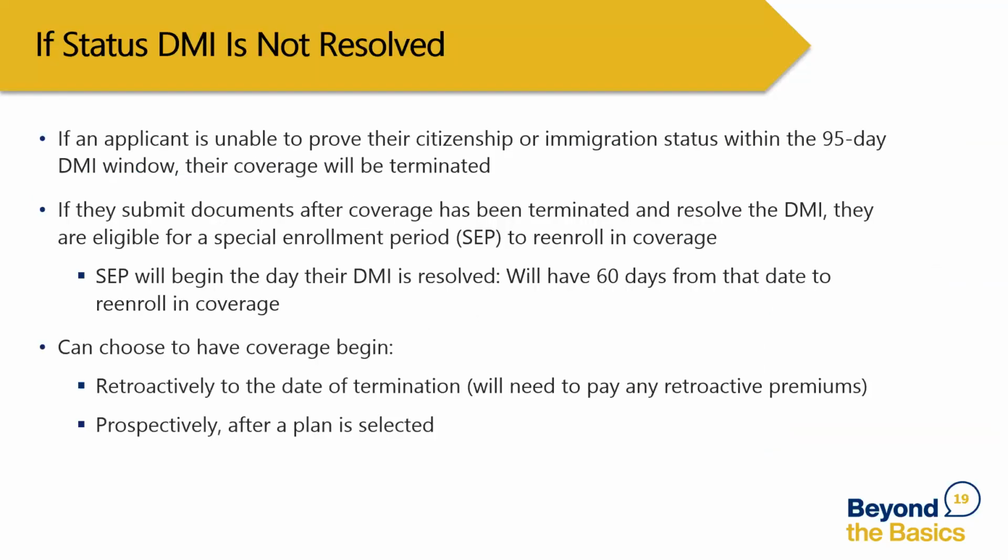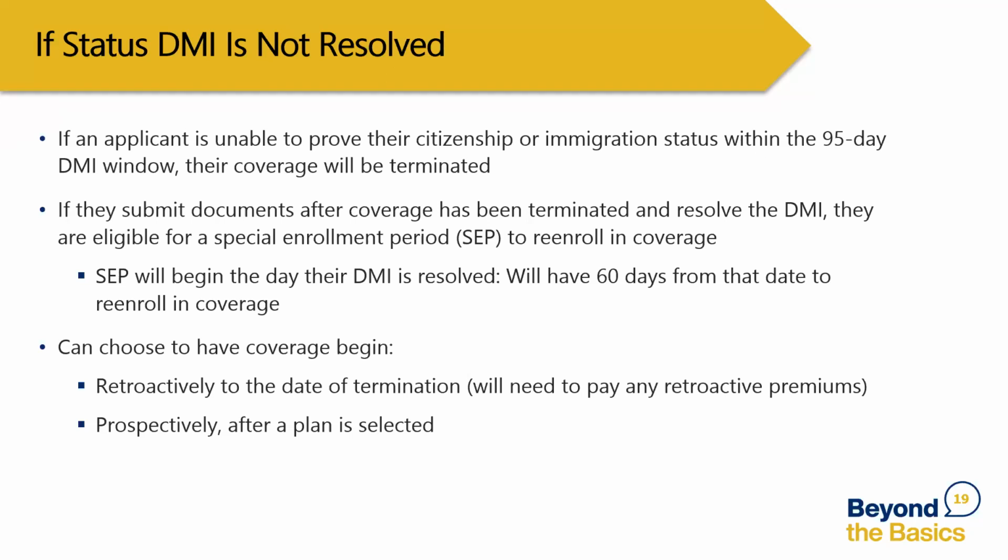So if an applicant is unable to prove their citizenship or immigration status, like I mentioned before, they have 95 days in this DMI window, and if they don't provide sufficient proof of their status, their coverage will be terminated.